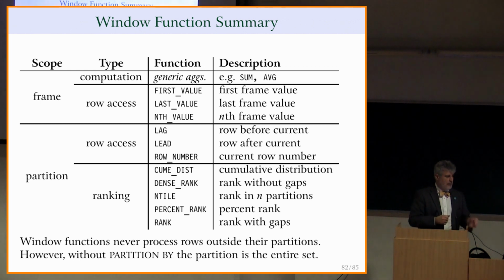The functions down here at the bottom don't care about the window frame at all. They're going to operate on the partition: lag, lead, row number, the ranking functions, ntile, cumulative distribution, all basically operating at the partition level. Doesn't matter what you do with frames, it's going to be the same. Okay?